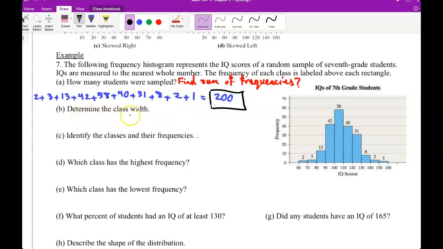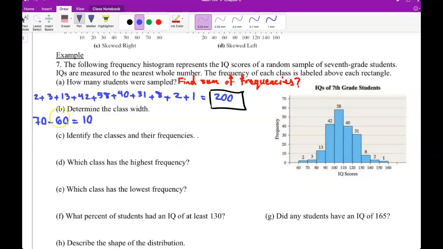Part B, determine the class width. Remember that this one is the lower limit. So these are lower limits: 60, 70, 80. So our class width is 10. 70 minus 60 is 10. So choose consecutive classes, like you can choose 80 minus 50 or 90 minus 80.